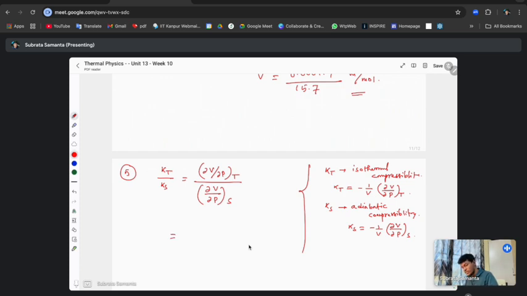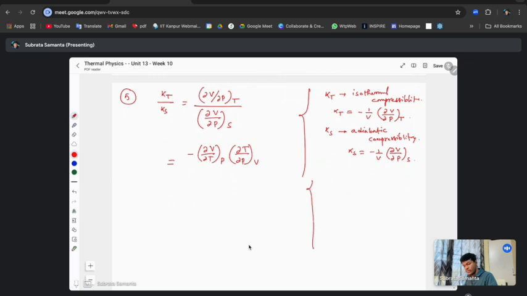Now we use the product identity: del P at constant T, times del T at constant V, times del V at constant P, equals minus 1.